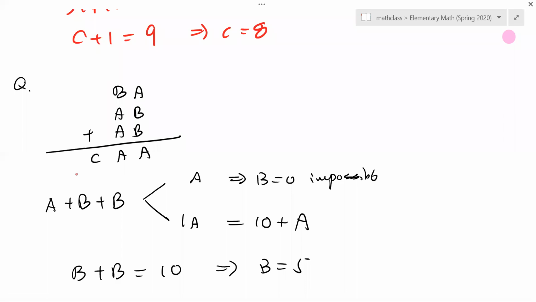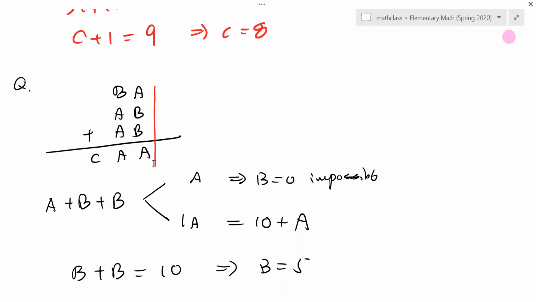First of all, you do the addition of the units digit. Then you have A plus B, right? Then you only have 2 possibilities here. Maybe you get more than 10, maybe you get less than 10. If less than 10, that should be equal to A. If more than 10, that'll be 10 plus A.